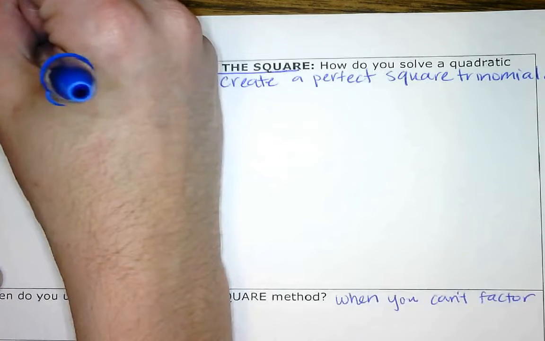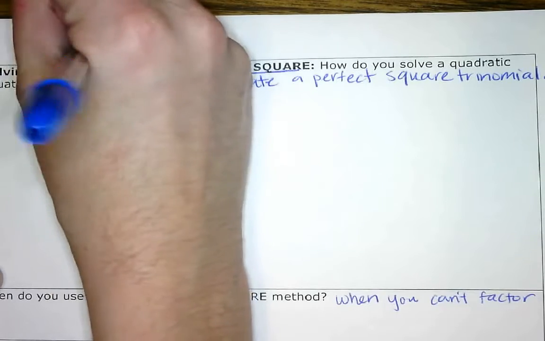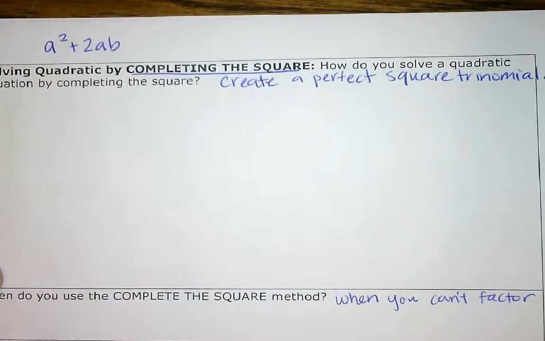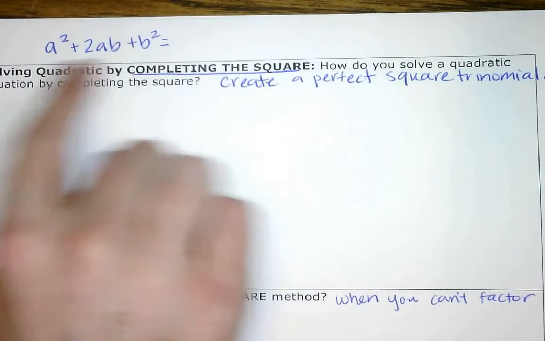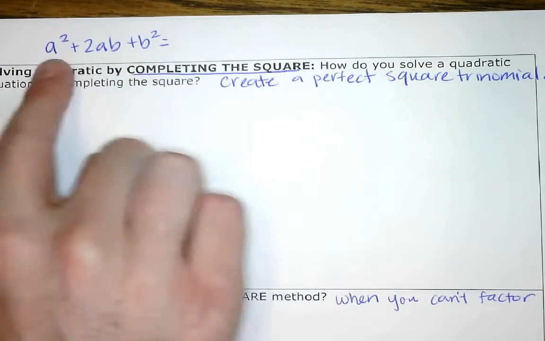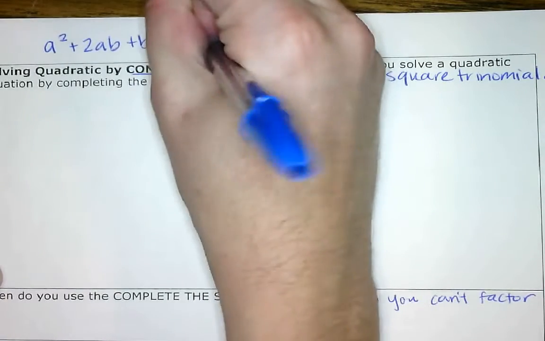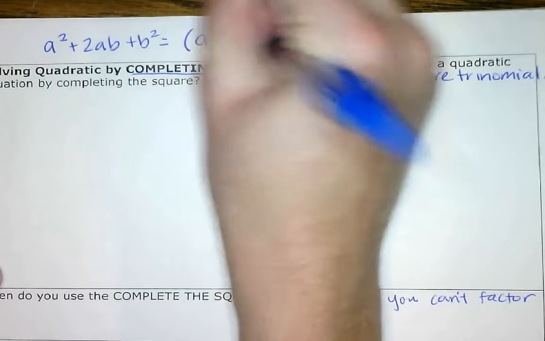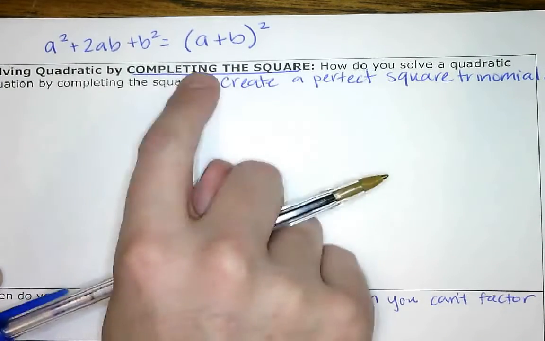It can be written as a squared plus 2ab plus b squared. And if it follows this perfect square trinomial pattern, when you factor it, it factors really beautifully into (a plus b) squared. Do you guys remember doing that on our notes?